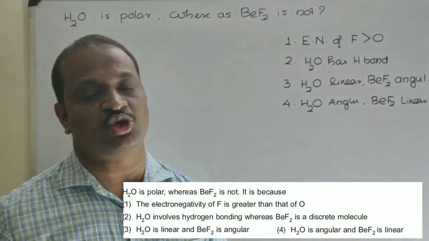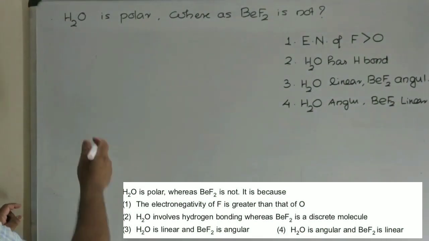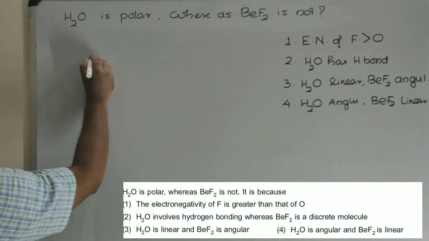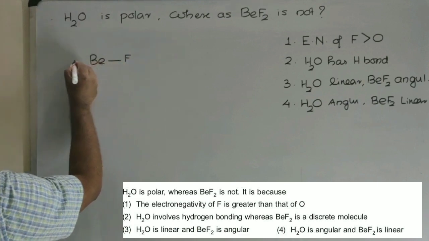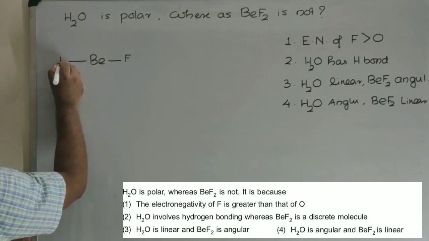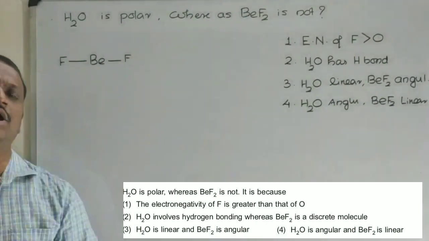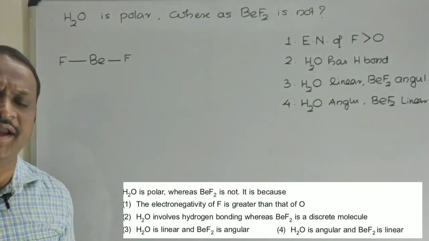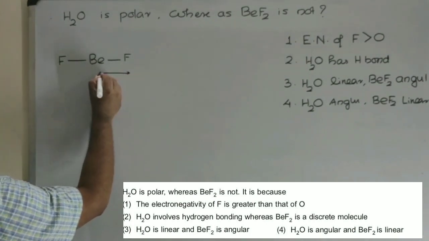But let's discuss this dipole moment. See, I'm just considering the first compound, BeF2. You know, BeF2 has a linear shape. So in this BeF2, who has higher electronegativity? Fluorine has higher electronegativity, so fluorine will be pulling the electron to that side.